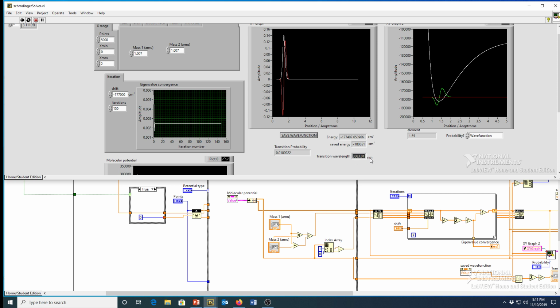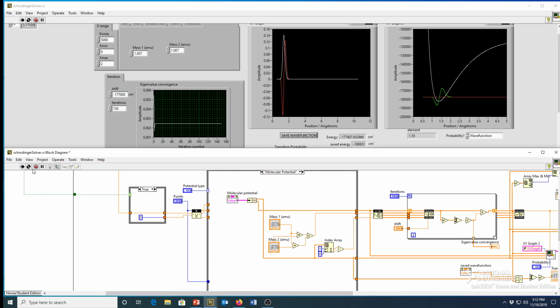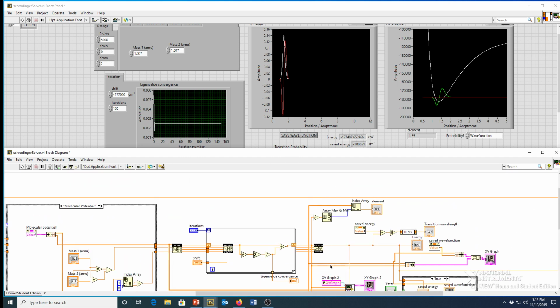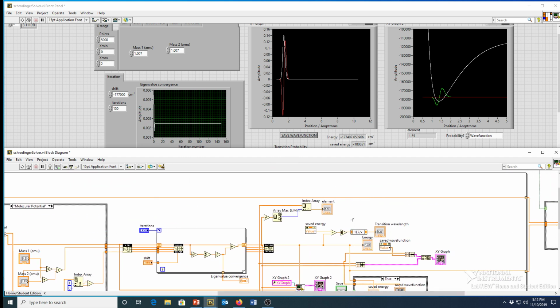Vibrational transitions aren't typically plotted in nanometers. They're typically plotted in inverse centimeters. So I'm just going to make another indicator here, before we convert to nanometers, for just the transition energy in inverse centimeters.